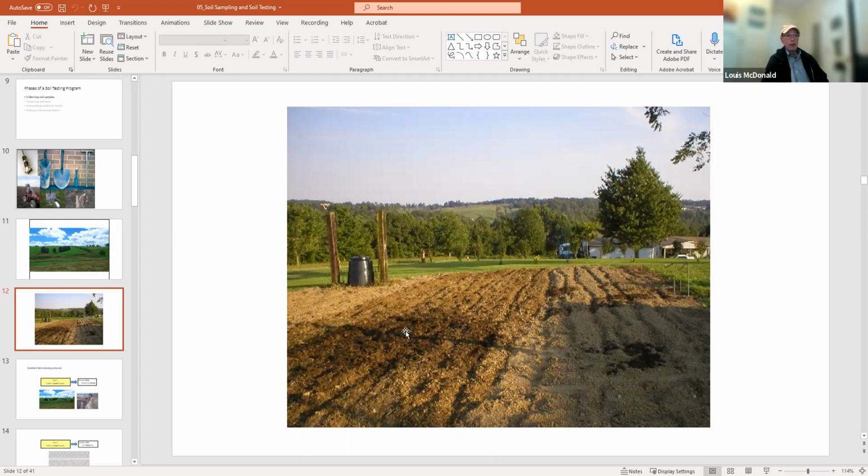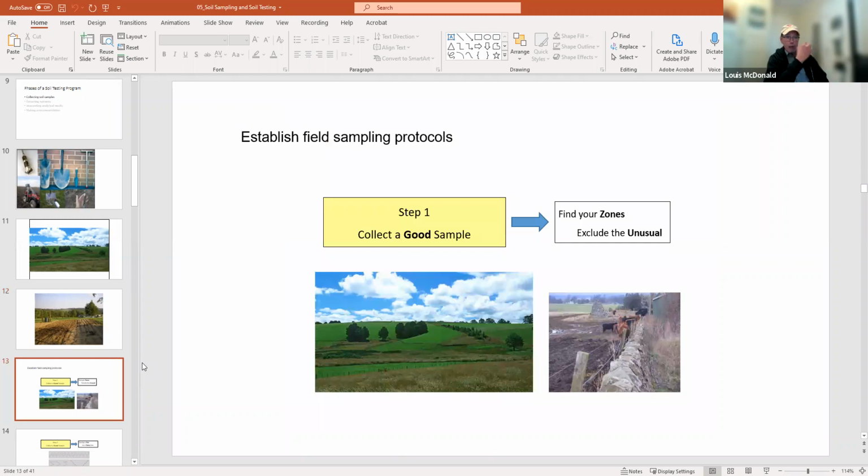Because if you take a sample here and expect it to represent this entire area, you're going to make a mistake, right? The unamended parts of the garden are not going to get an adequate amount of applied fertility, right?